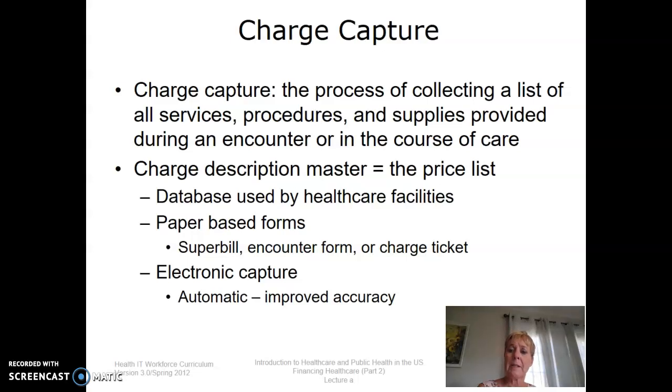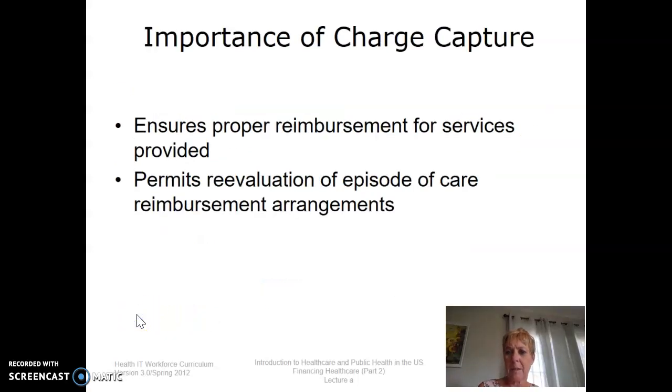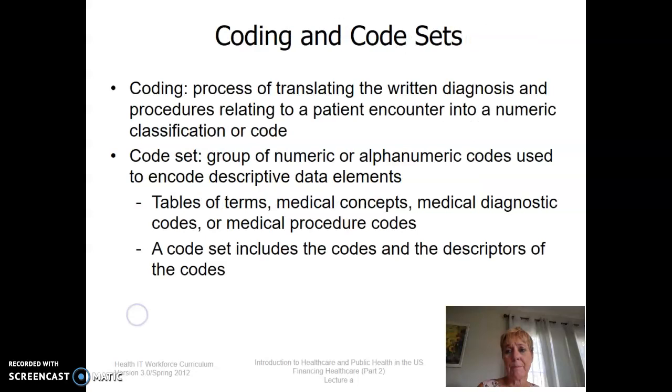If it's electronic, it's charge capture, and that's where you'll see the barcode on an item, and they'll scan the barcode. If you had an IV of saline, there's a barcode on it, they scan it, you get billed. It's automatic and improves accuracy. Charge capture is important to make sure that you get the right reimbursement, and it also lets you evaluate what care was received.